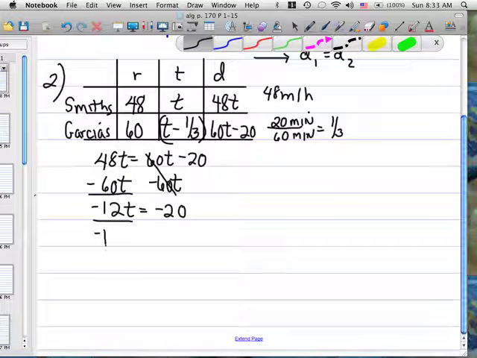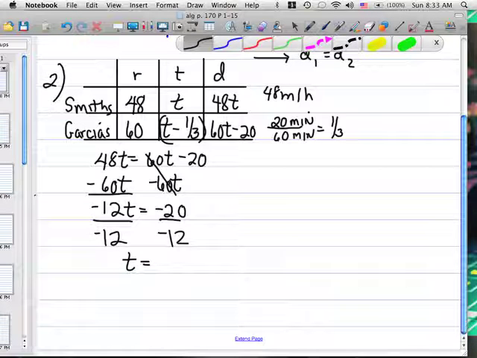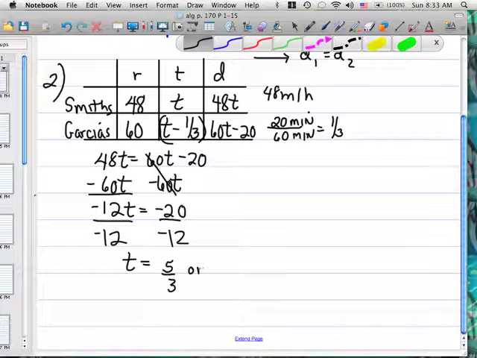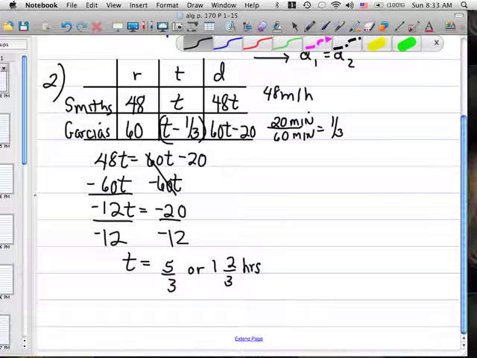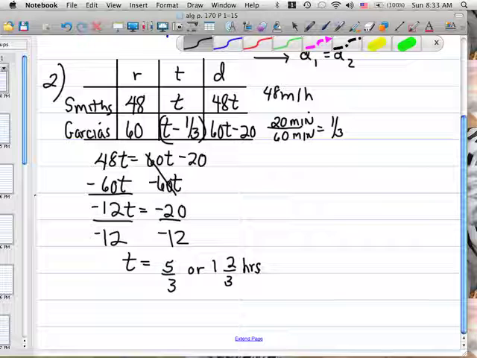Dividing by negative 12, we get t equals positive 5/3, or 1 2/3 hours. And the question was, when will the Garcias overtake the Smiths?